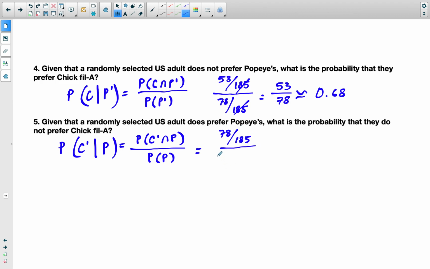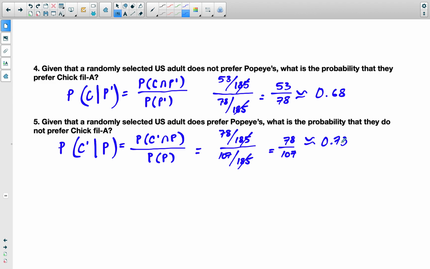And the probability they prefer Popeyes is 107 out of 185 again. Now they just cancel out. I'm left with 78 divided by 107. Approximates to 73%.